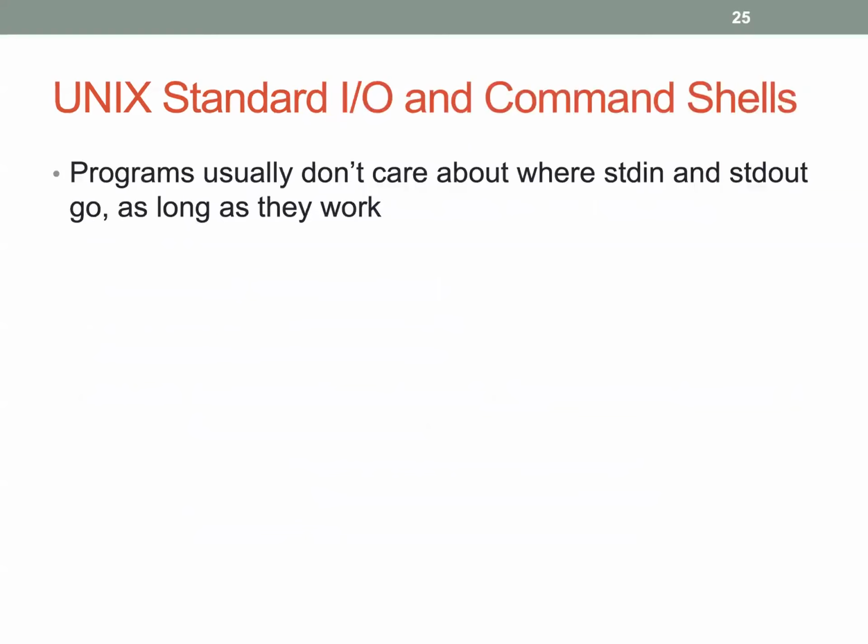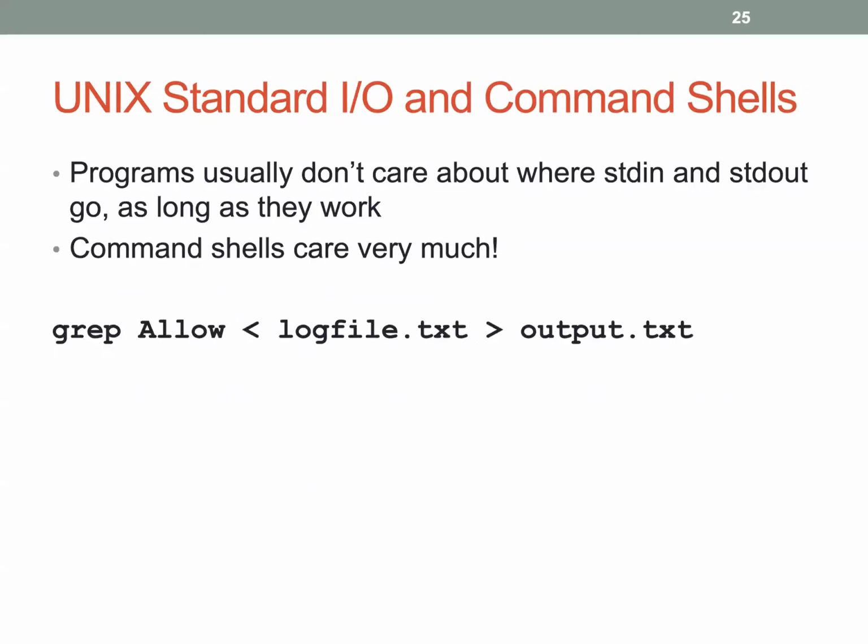Programs basically don't care where standard input and standard output go as long as they work. So if you're writing a command shell, which all of you will have to do in the first assignment, you're going to need to handle commands like this. grep is very common for searching through files, and you can see here I'm feeding a file into grep, looking for the lines in the log file that contain the string allow, and I want to output the results to output.txt.